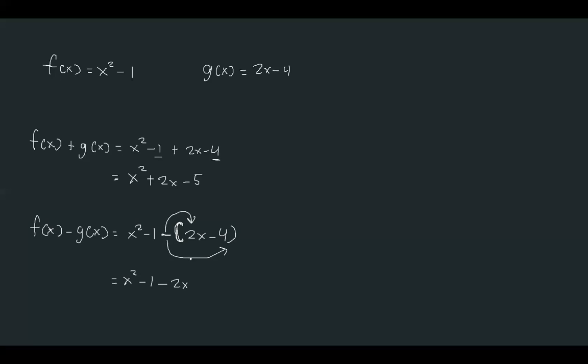Then the negative sign distributed to negative 4 gives you plus 4. So we're going to combine these constant terms. We have the final answer, which is x squared minus 2x, and negative 1 plus 4 is 3. So that is your final answer.